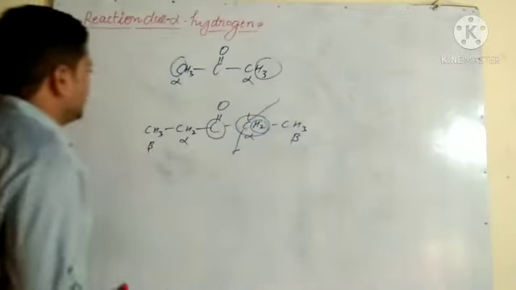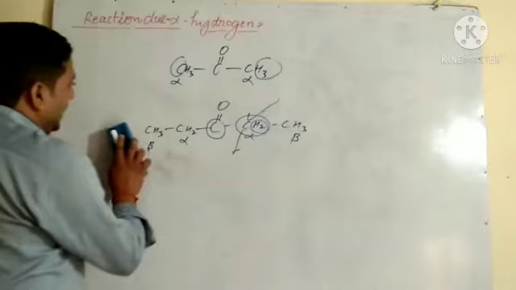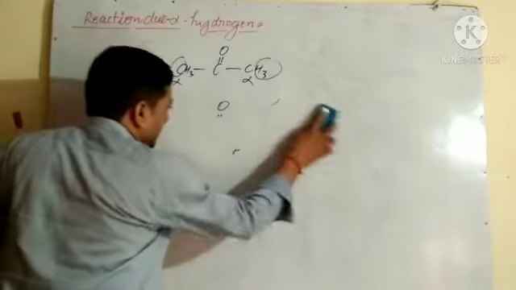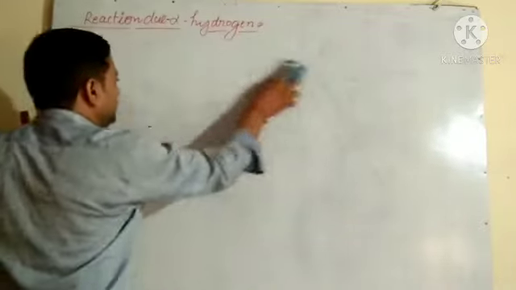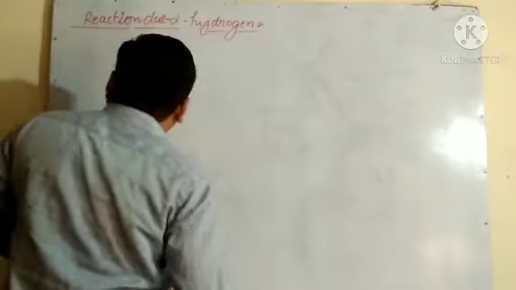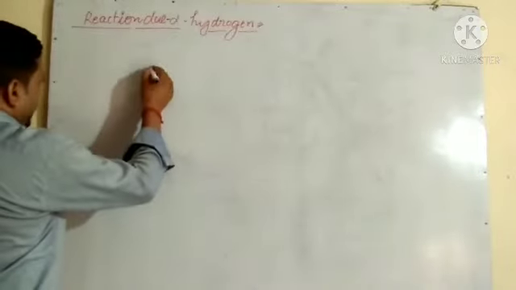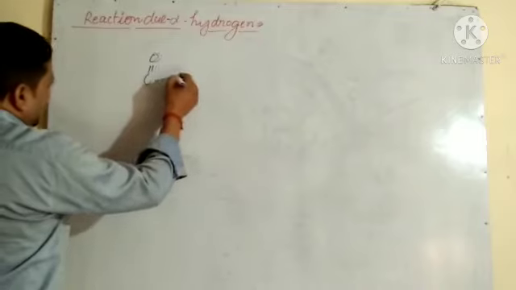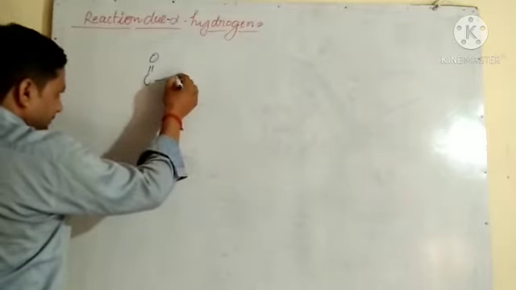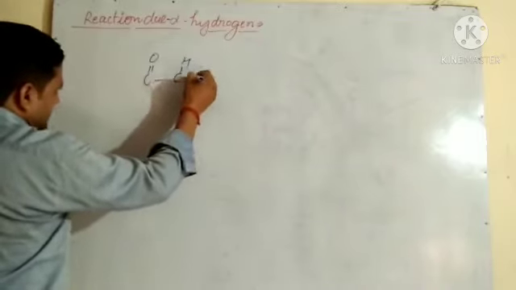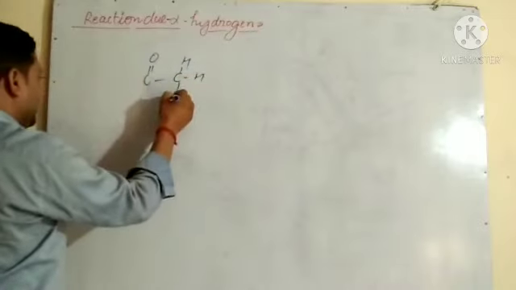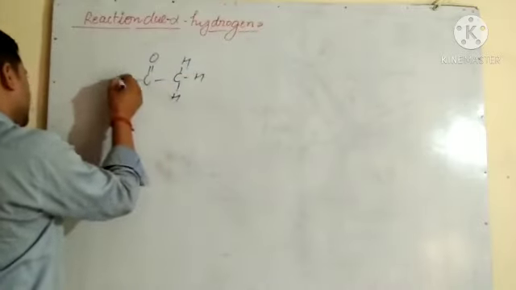So what is the reason? Why do they show a number of reactions? Let us write it like this in aldehydes and ketones, which is better for understanding, students.